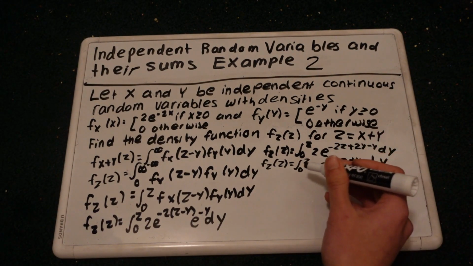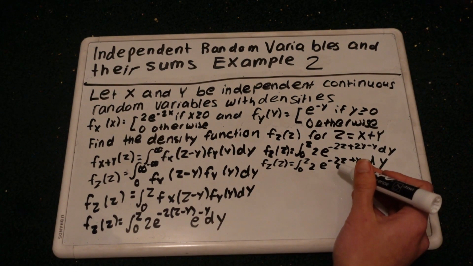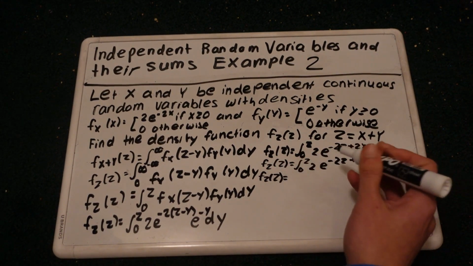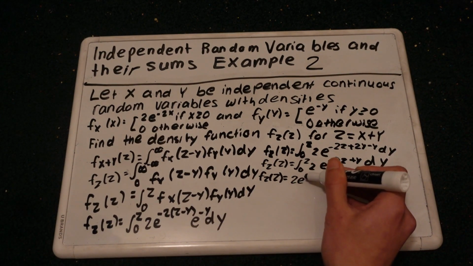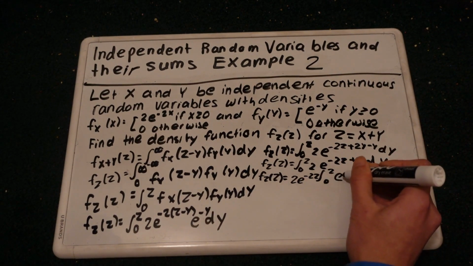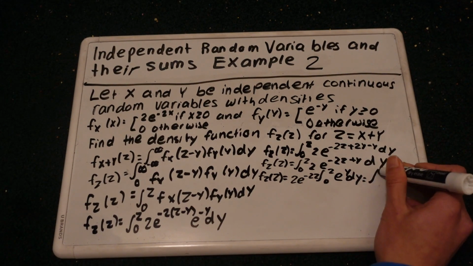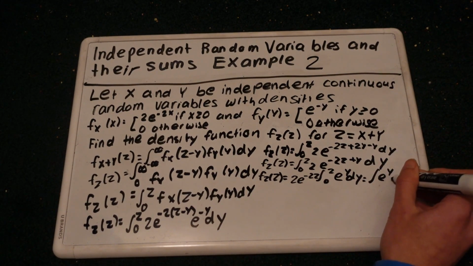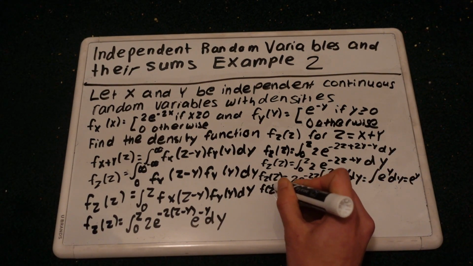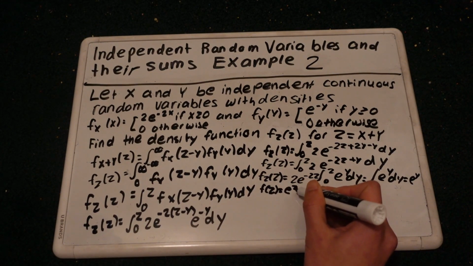Now, to make this easier, I would like to factor out a 2e to the negative 2z of the integral from 0 to z of e to the y, that's what's left, dy. Now I can just integrate e to the y, it makes it easier. Well, e to the y is just e to the y, and then plugging in z, we get e to the z.